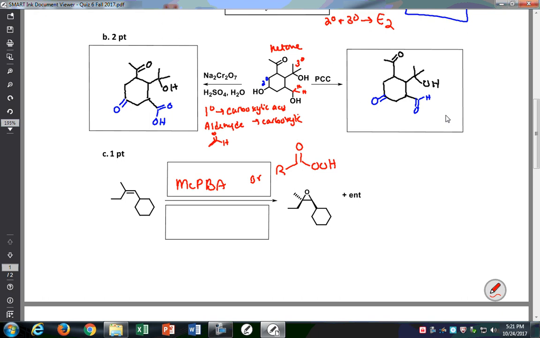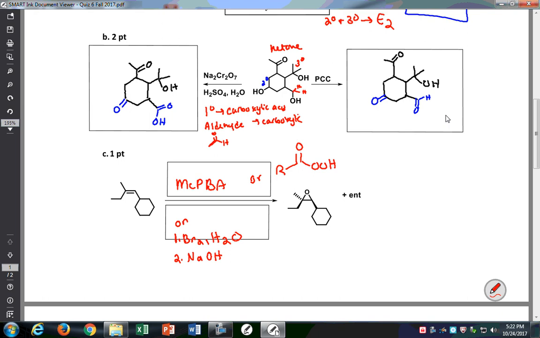Or the other route, and I would accept either, is to react Br2 in the presence of water to form your halohydrin, bromine on one carbon, alcohol on the other carbon. So that's just our addition reaction we learned in chapter 9, followed by reaction with sodium hydroxide, which allows us to deprotonate our alcohol, and that attacks and displaces the bromine, our leaving group.